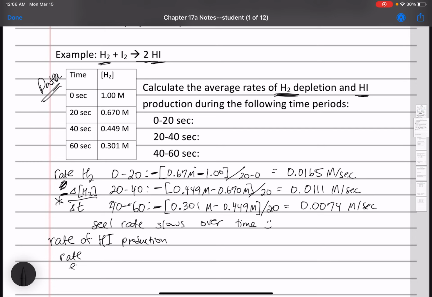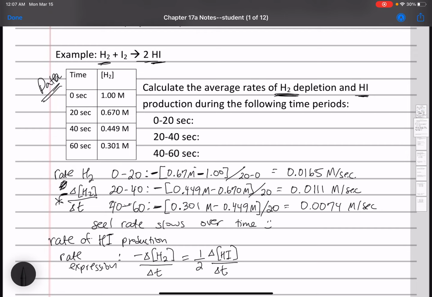According to the rate expression, the negative change in H2 gas over time is going to be equal to 1/2 the change in HI over change in time.